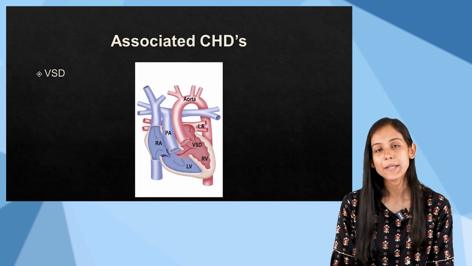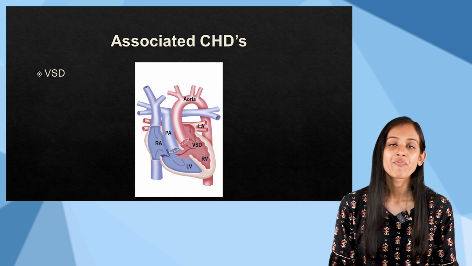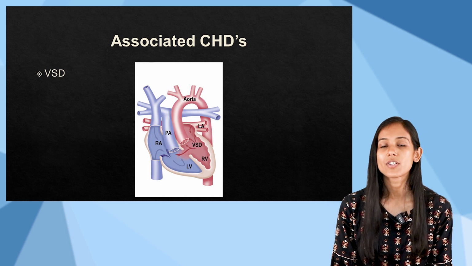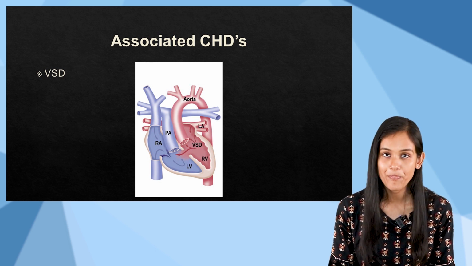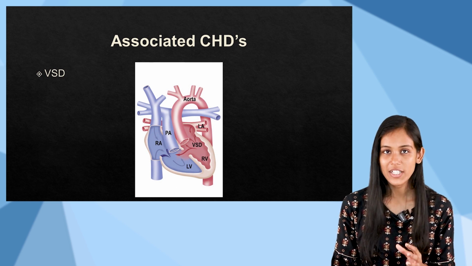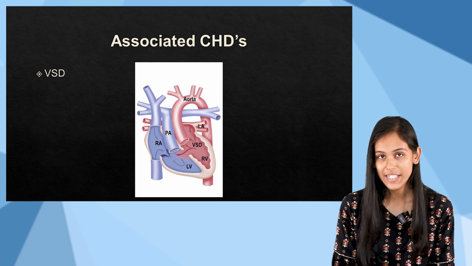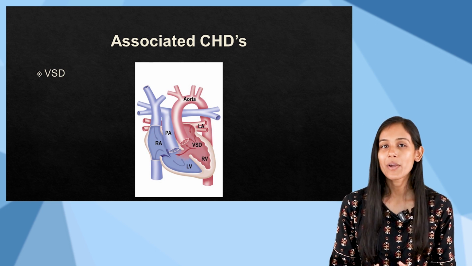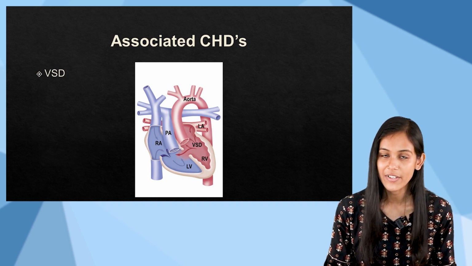So what is VSD? VSD is ventricular septal defect. That means there is a defect, a hole, present in the interventricular septum. When there is a hole in the interventricular septum, that will allow communication between the right ventricle and the left ventricle, right?